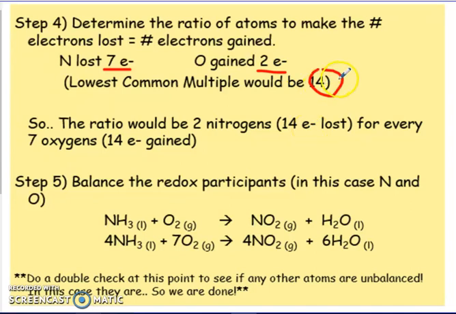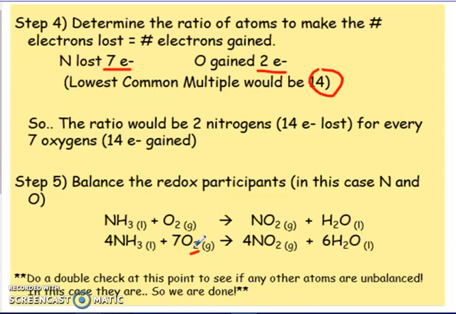Right? So we would need to have 2 nitrogens and 7 oxygens to make them both be a value of 14. But keep in mind that we have 2 oxygens doing this.